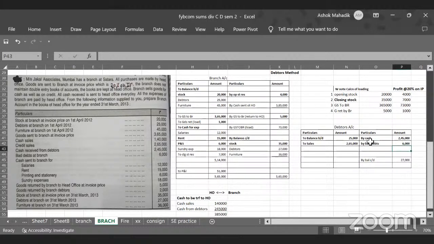Then what else was there which relates to debtors? Goods returned by debtors. So sale was on the debit side, so returns will be on the credit side. By returns. Okay, how much was the amount returned? 2,000. Okay, so this way you can post the items in the debtors account.